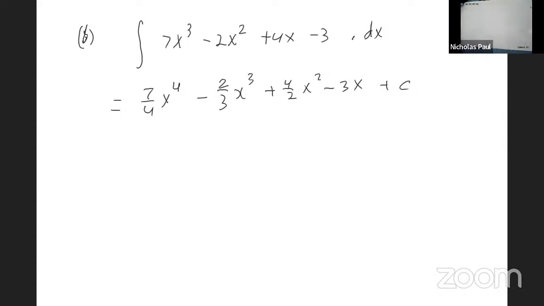Very well. Don't put them on one line. 7 over 4, not one line. A line here, a line here, a line here, separately.